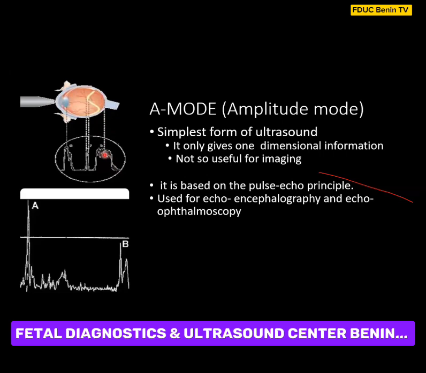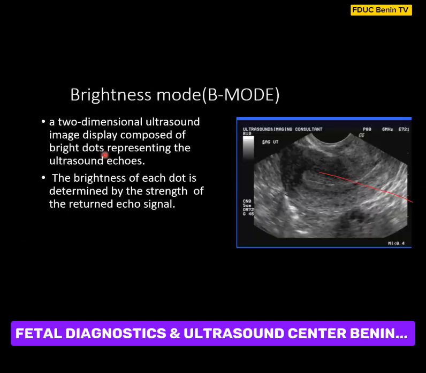And the brightness mode, that is B mode, is the one that we see commonly. Let me just say, the two-dimensional ultrasound image display is composed of bright dots representing the ultrasound echoes. As the ultrasound wave passes through the tissue, it is reflected at different interfaces. The reflected echoes are detected by the ultrasound probe again.